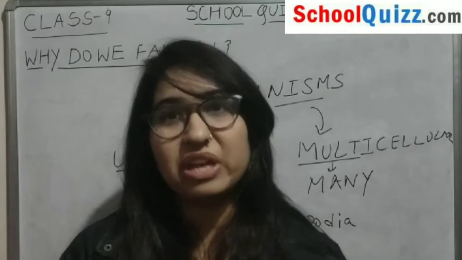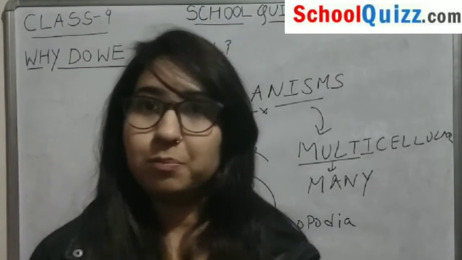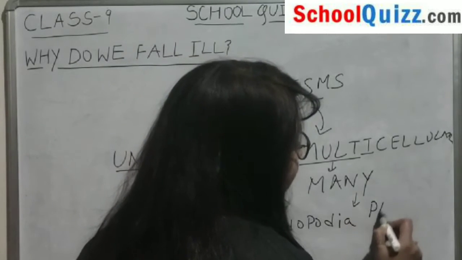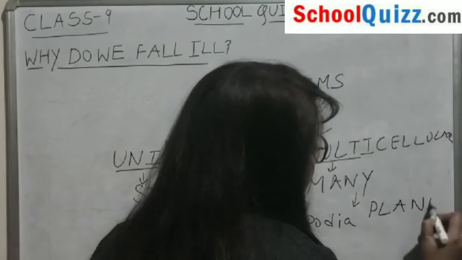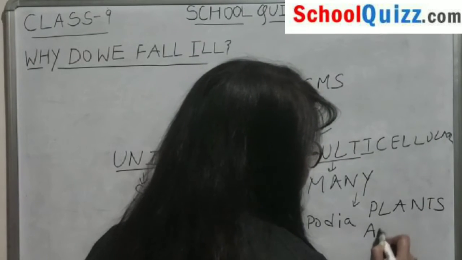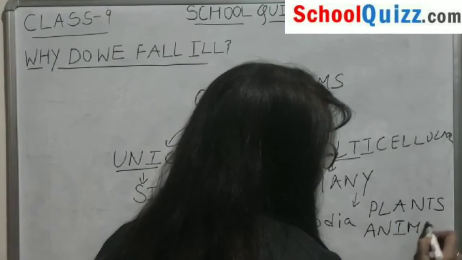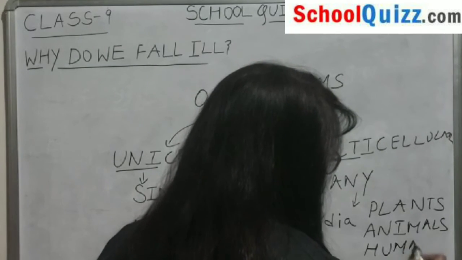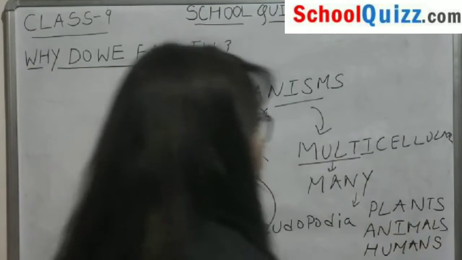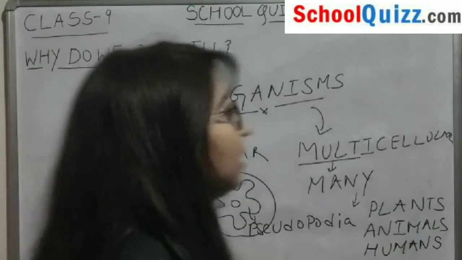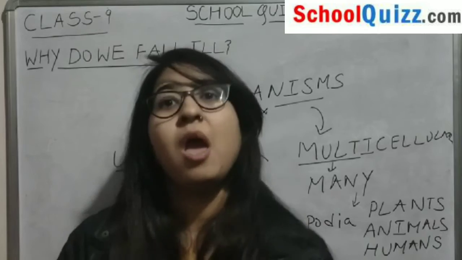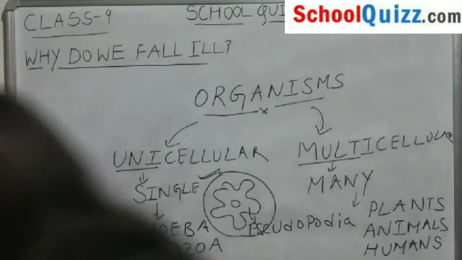There is division of work for multicellular organisms, and the examples of multicellular organisms are plants, animals and humans. Okay, so in that way the organisms have been classified as unicellular or multicellular.